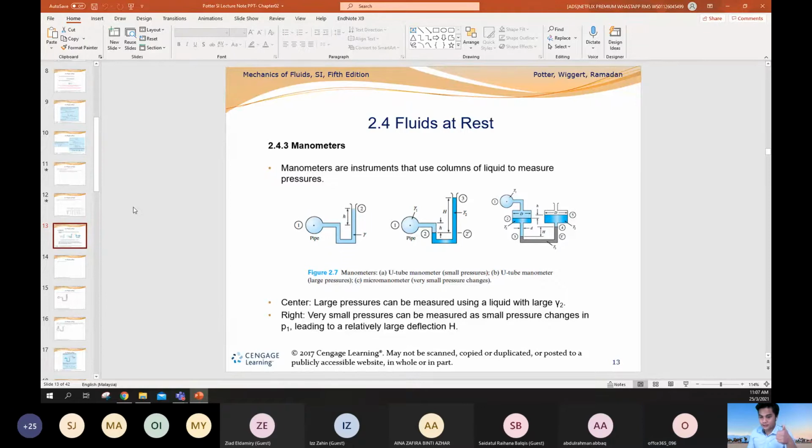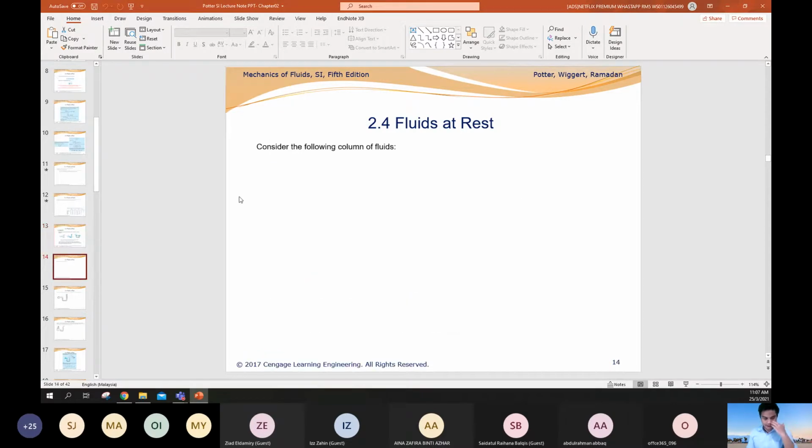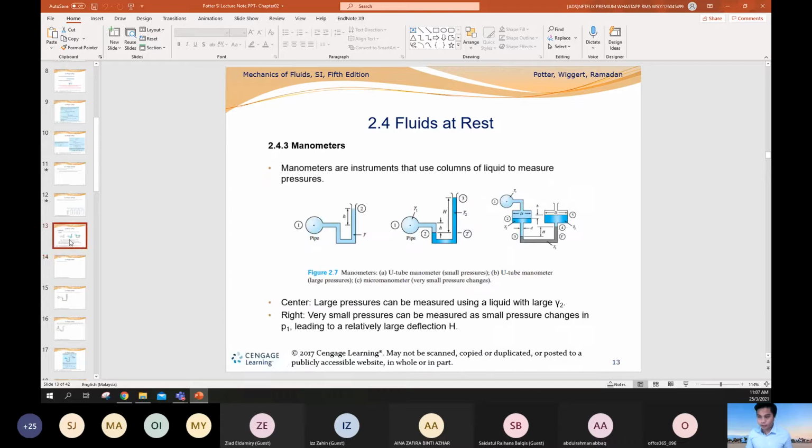The first, hydrostatic equation. Second one, barometer. And last one is manometer. Okay, so for today's session, I'm going to show you how to derive the fundamental parts of manometer. So what is manometer?